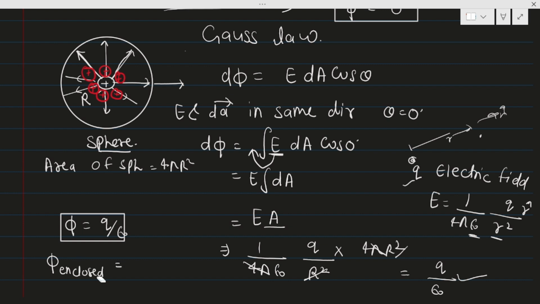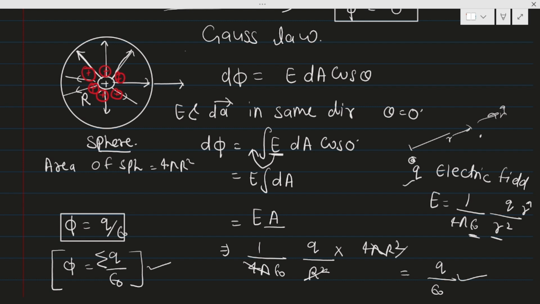The flux phi is equal to Q over epsilon naught, and the Q will be summed over, meaning add every charge which is present at the center or inside the sphere anywhere. We just need to sum it, and then we will get our desired result.